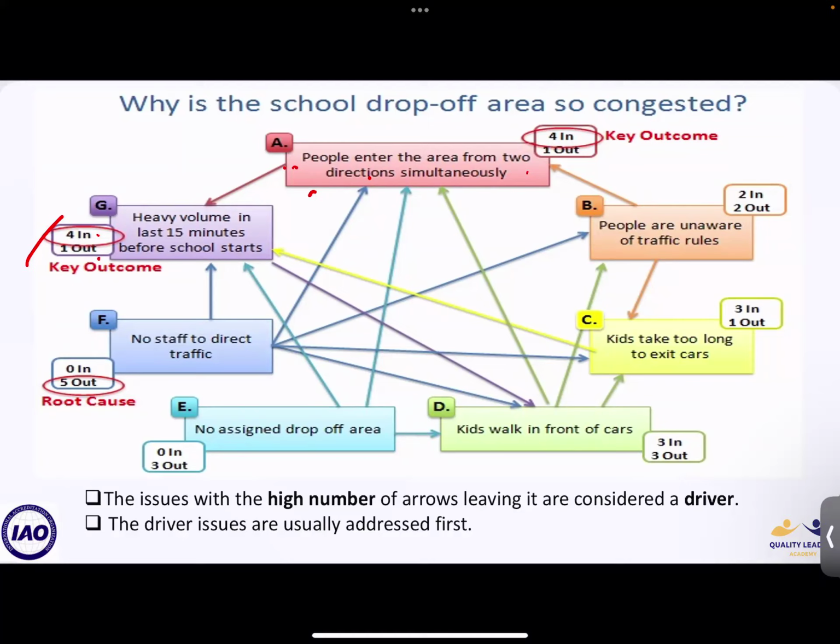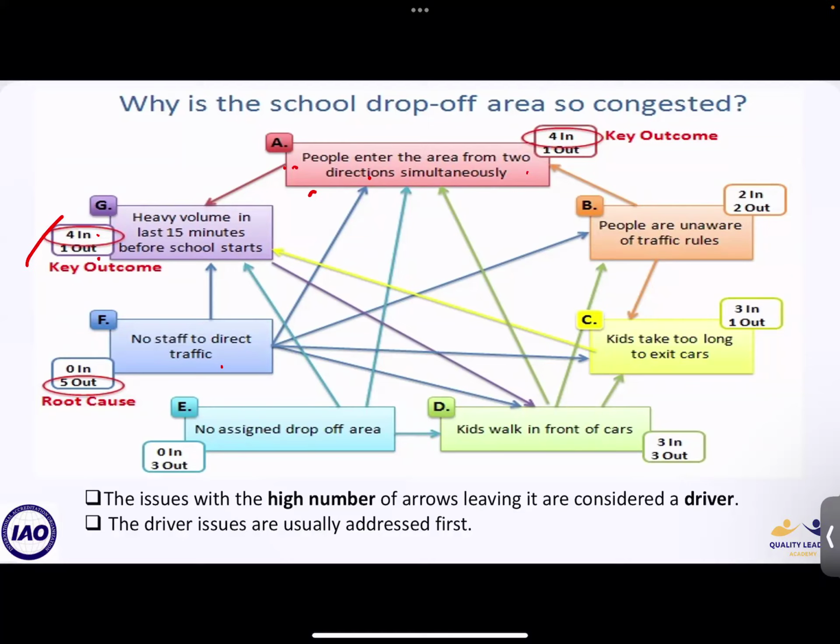Understood? For example, again, if a problem has zero in and five out, no staff to direct the traffic, it means this problem was not caused by anything else, but it has led to five other issues, like where the arrow is pointing outwards.